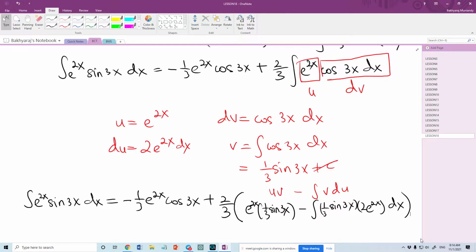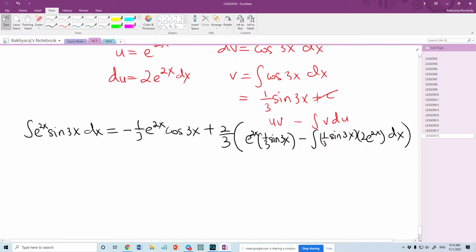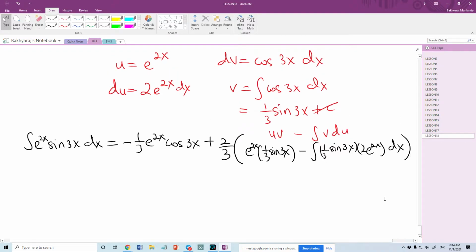Okay, next we simplify. Okay, we try to simplify. So I copy back. Equal, this one let it be. Negative 1 over 3 exponent 2x cos 3x, and then plus 2 over 3, let it be here. Hold on, let me finish whatever is inside the bracket.